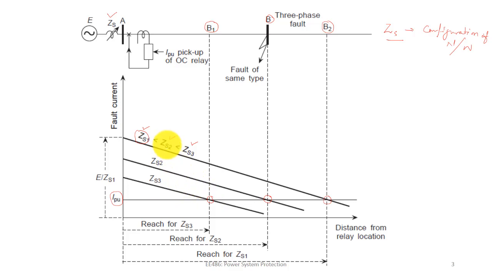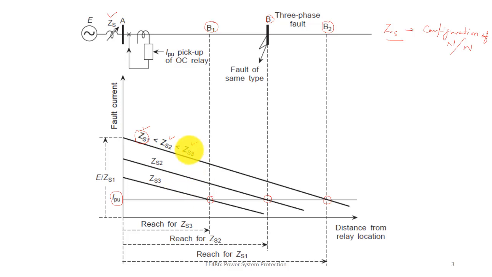And similarly it also depends upon the variation in the ZS, that is the source impedance. So now we can see that this overcurrent relay has a chance of maloperating when there is a variation in the fault type and the variation in the source impedance.